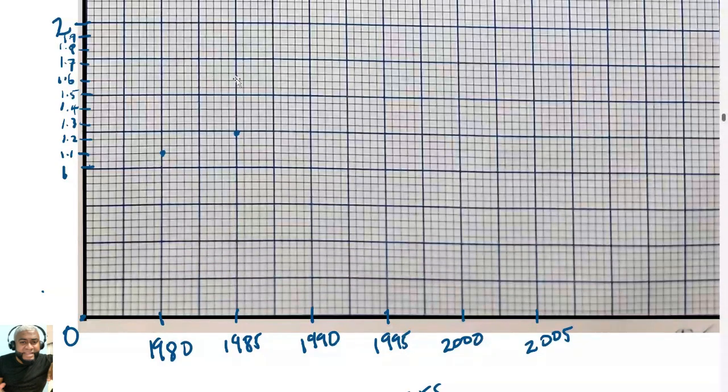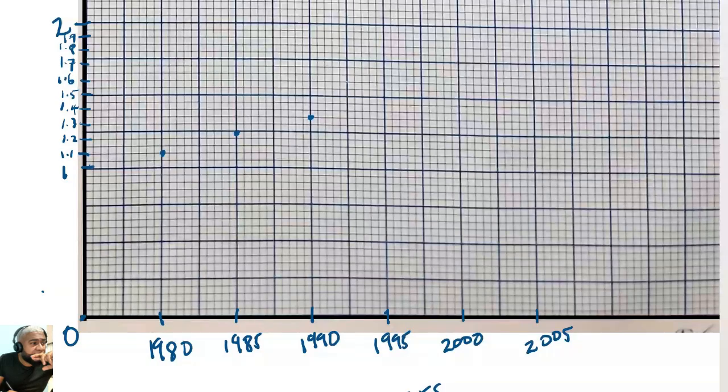Right. 1990, comma what? 1.35. We're hunting for 1.35. 1.35 would be between 1.4 and 1.3, right? 1.3, 1.4, and 1.35 is in the middle here.